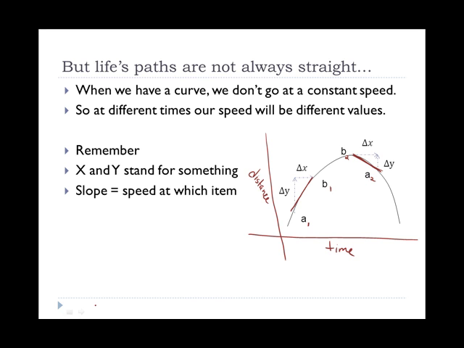The slope of the curve in that area is the speed at which the item is moving or changing. As I mentioned, from A1 to B1, this area right here has a much faster change than from B2 to A2. That one's slowing down and it's going negative.